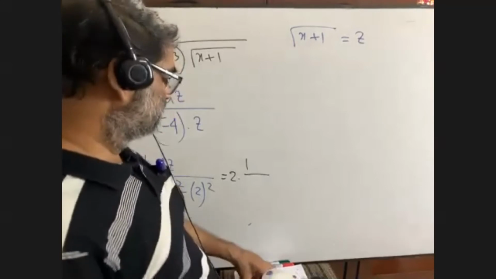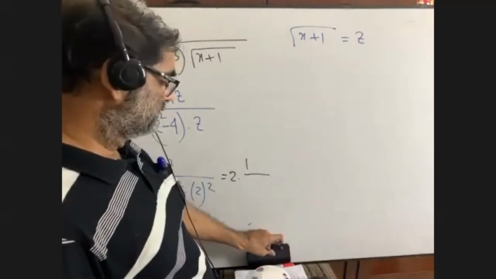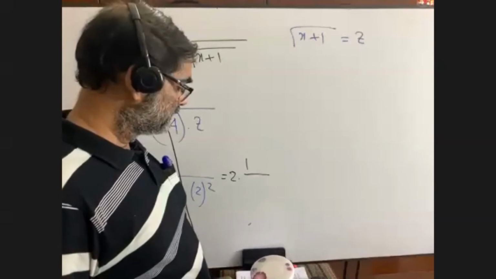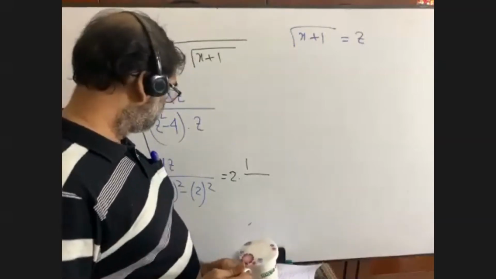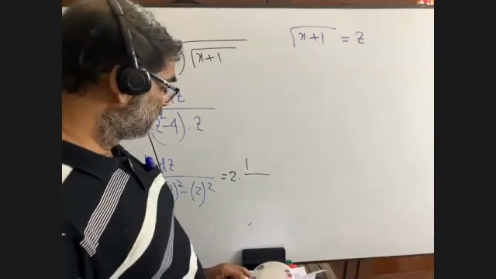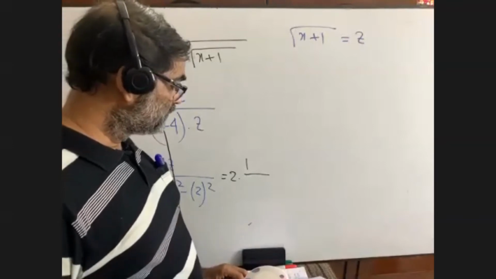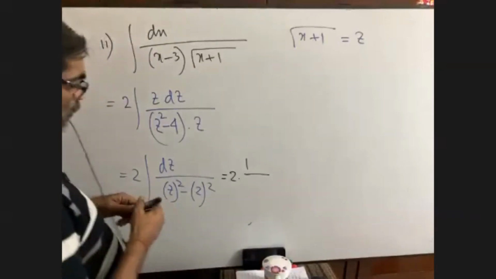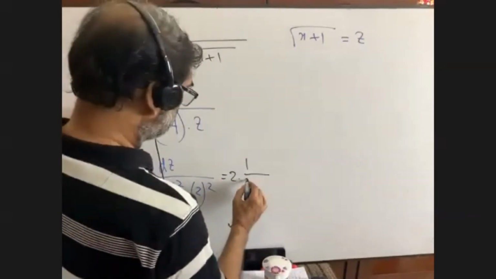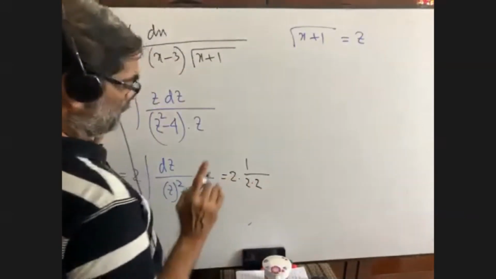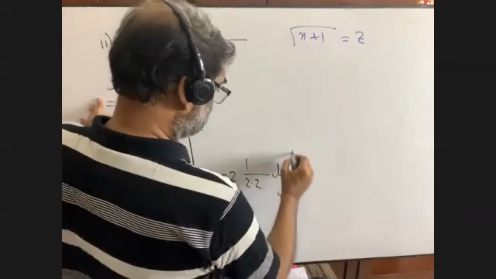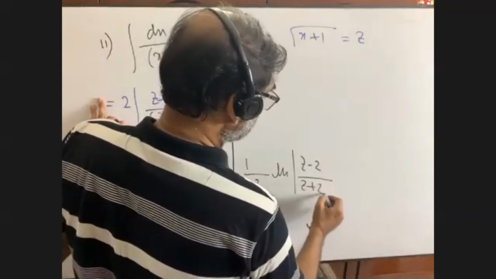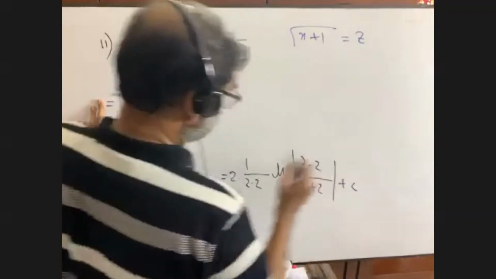What is the formula? The answer is 1 by 2a ln z minus 2 by z plus 2, plus c.